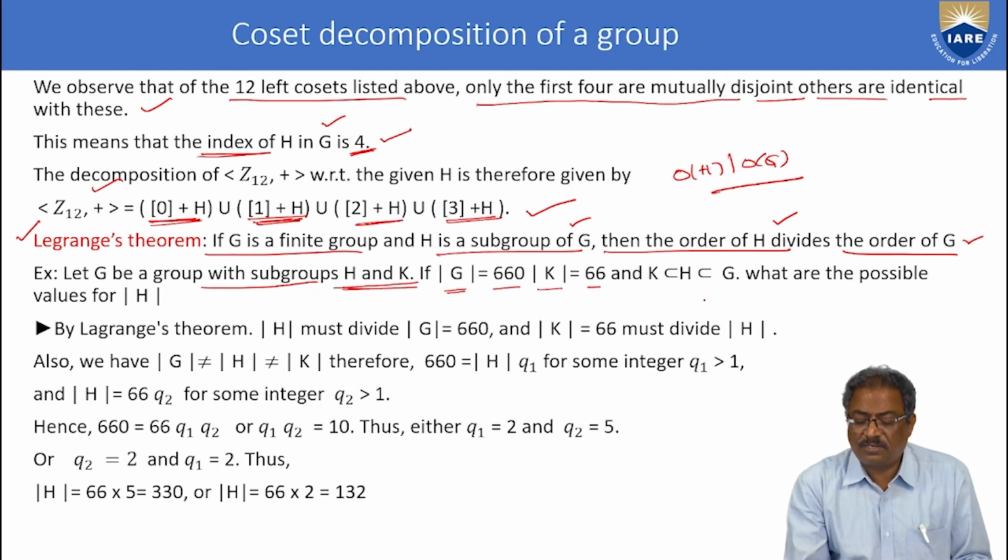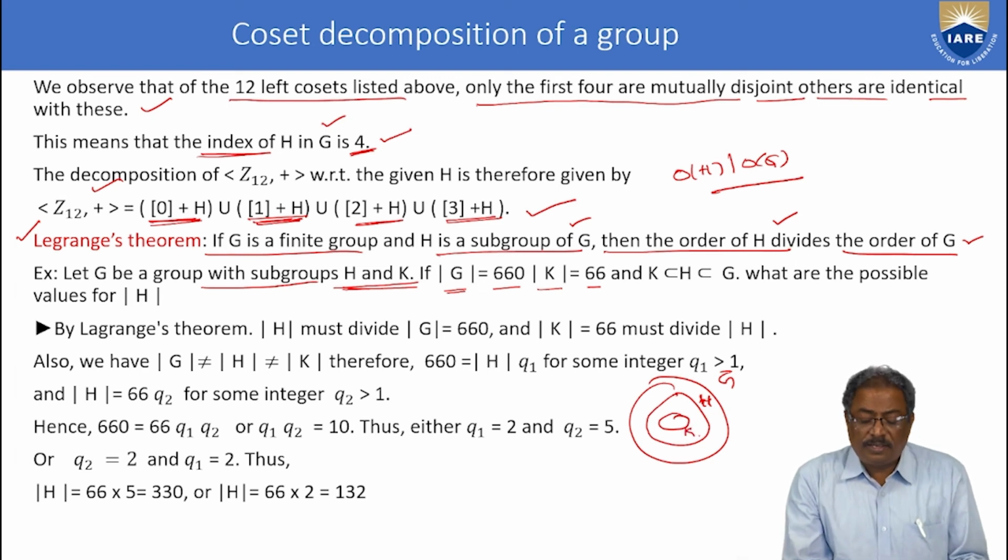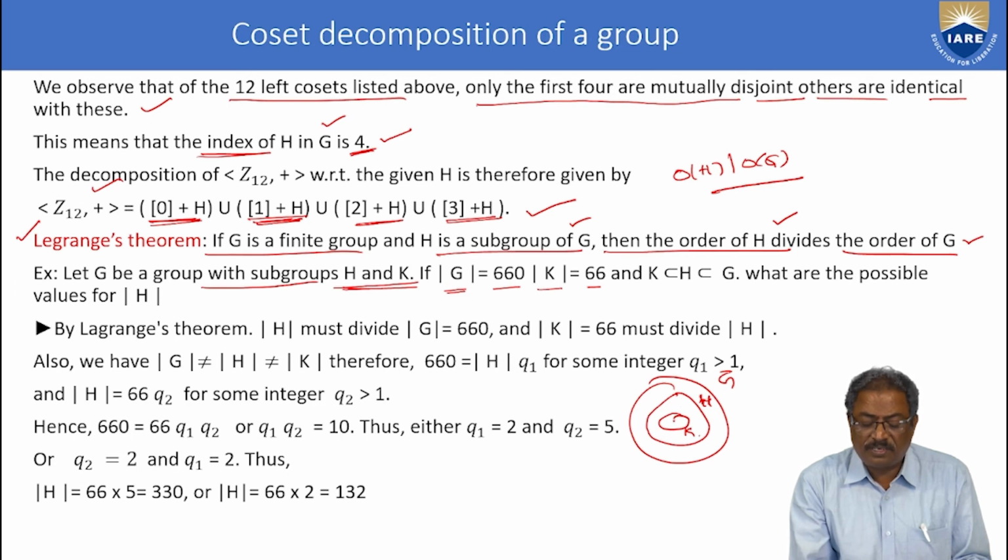So it is given as G, H is a subset, and of course another subgroup is K. Here 66 is the number of elements, and then the cardinality of H is what we need to find.